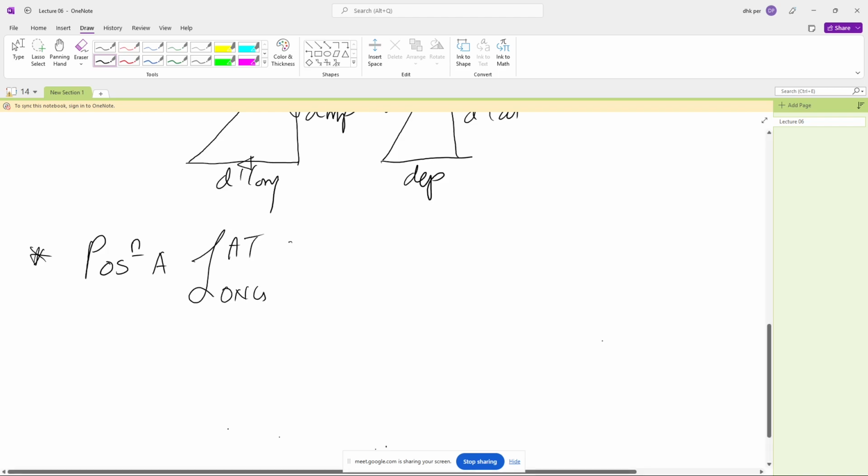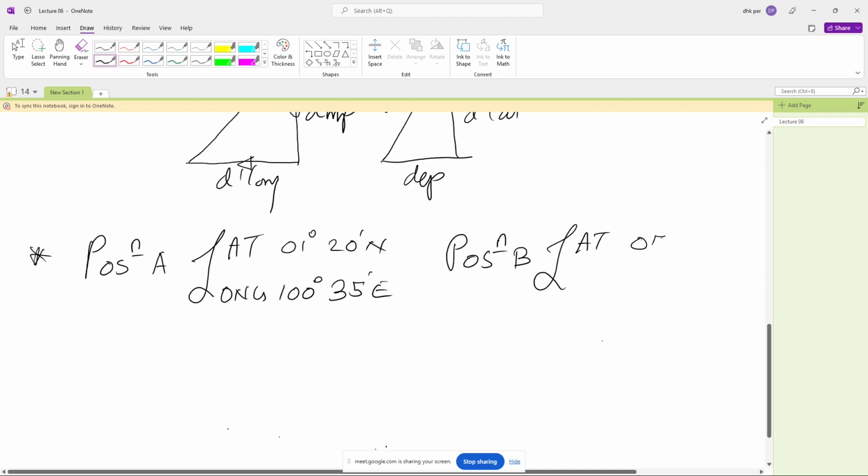Position A latitude is 1 degree 20 minutes north, longitude is 100 degrees 35 minutes east. Position B latitude is 5 degrees 24 minutes south, longitude 10 degrees 10 minutes west. So how to do this sum?